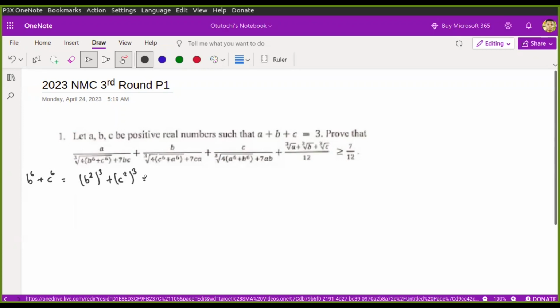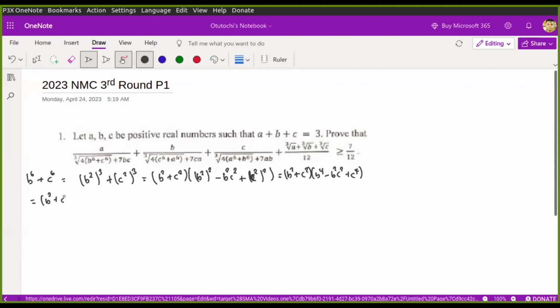Right, and then we can use the sum of cubes formula on this to show that this is equal to b squared plus c squared times b squared all squared minus b squared c squared plus c squared all squared. Of course, this is equal to b squared plus c squared times b raised to the power of 4 minus b squared c squared plus c raised to the power of 4.